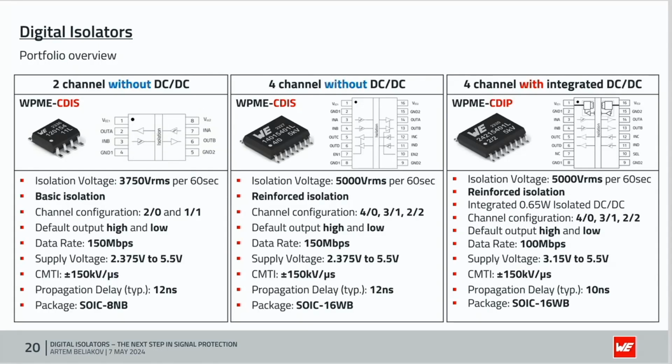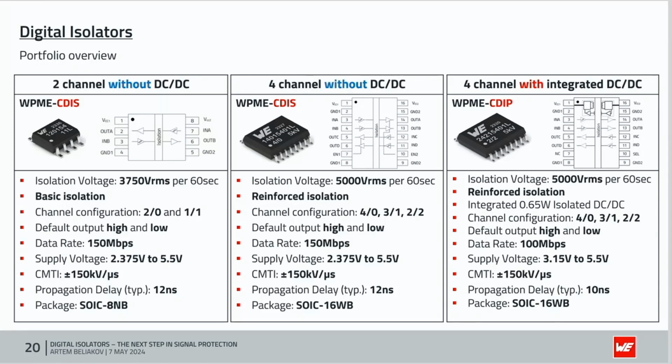Our portfolio has 2 match codes, CDIS, which means capacitive digital isolator standard, or digital isolators without integrated DC-DC converters. We have 2-channel digital isolators which provide isolation voltage up to 3.75 kilovolts and data rate up to 150 megabits per second.